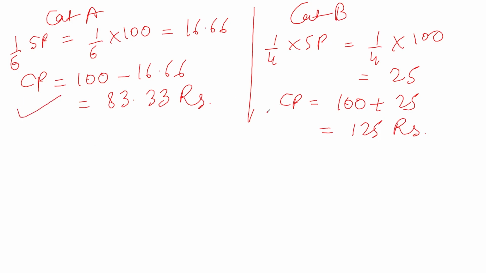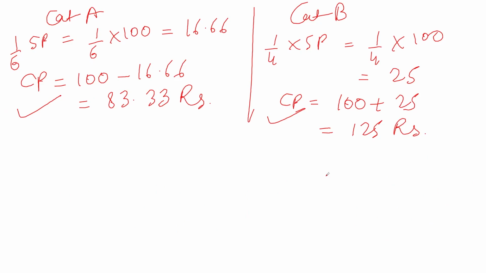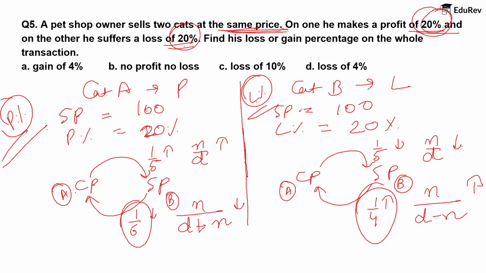So we have got the CPs for both CAT A and CAT B. If you are not comfortable with this method, you can use the traditional profit percentages and loss percentages. But I would recommend that you be handy with this method because it helps you a lot in various questions.